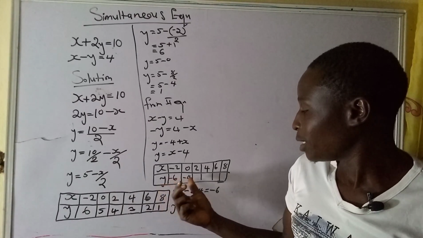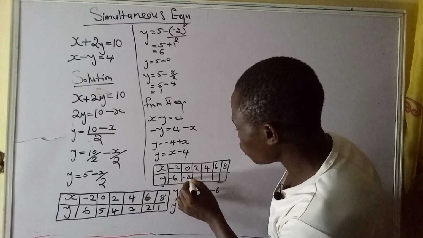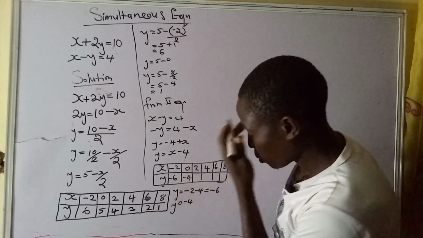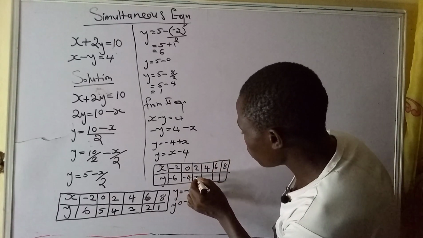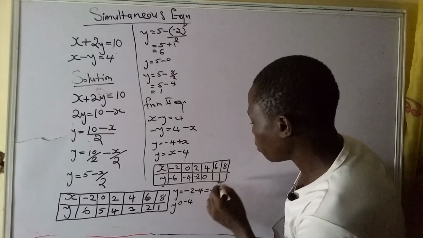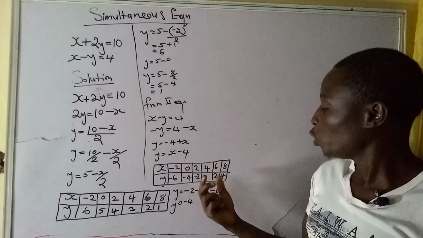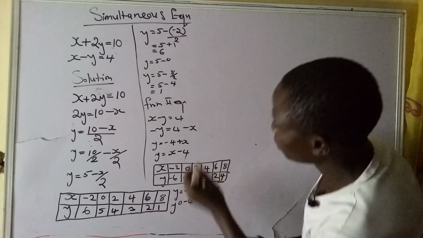So since it is increasing by 2, that means minus 4 plus 2 will be equals to minus 2, plus 2 will be equals to 0, plus 2 will be equals to 2, plus 2 will be equals to 4. Then we need to check the last one.